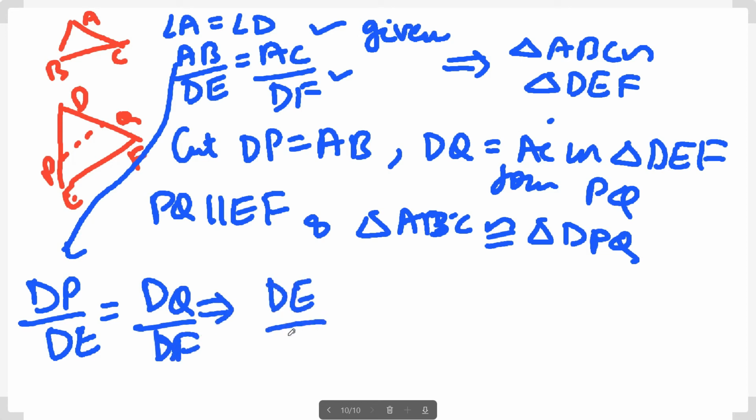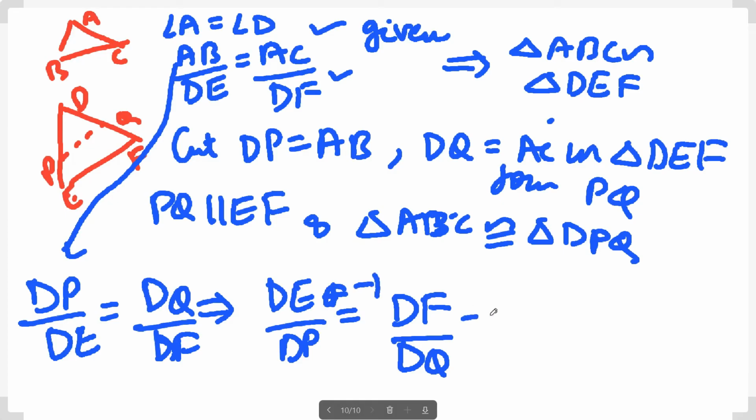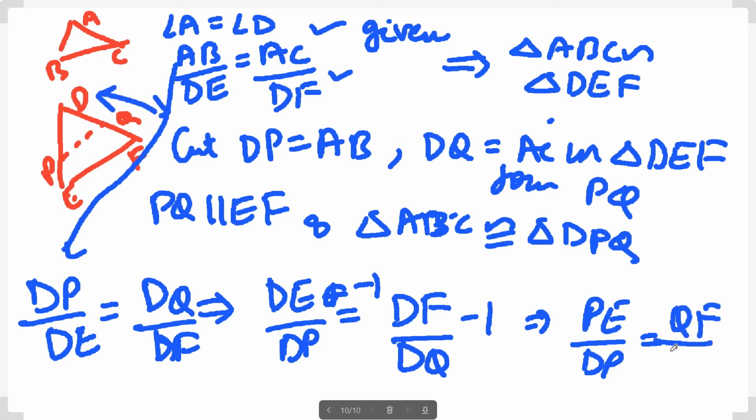Inverting it, DE by DP. I had told you this earlier, but I'm showing you again step by step. Subtract 1 from both sides. So DE minus DP is PE, so PE by DP is equal to DF minus DQ, which is QF, by DQ. Now invert this, what will it be?